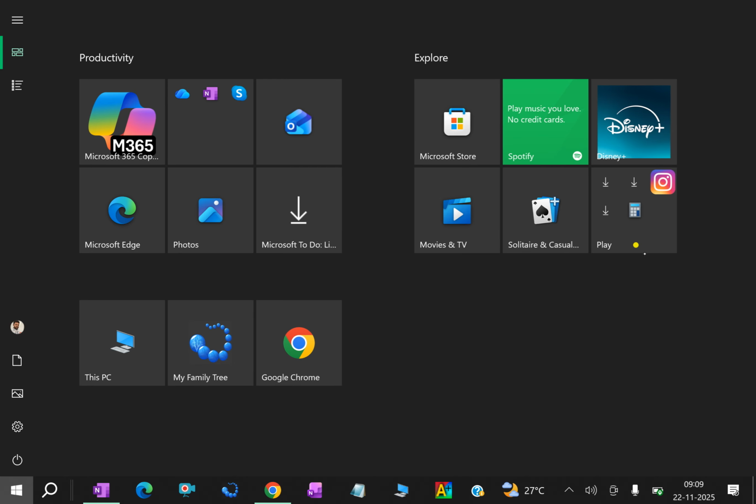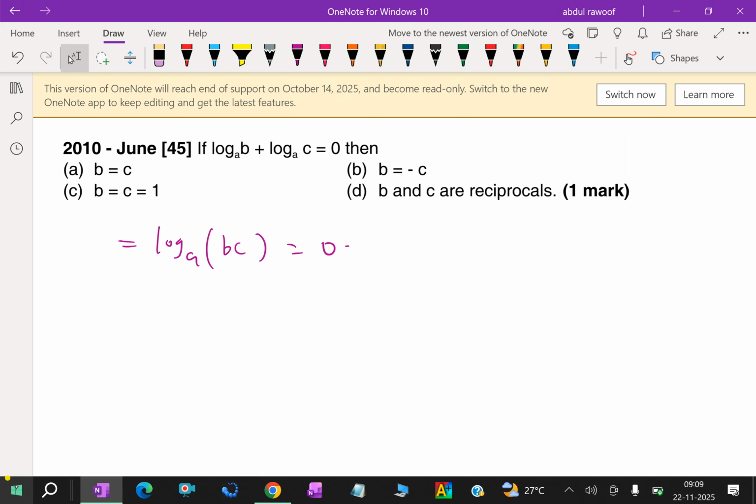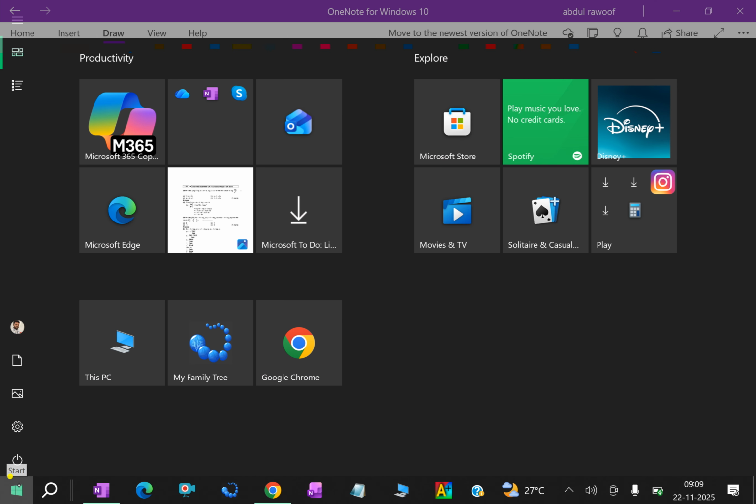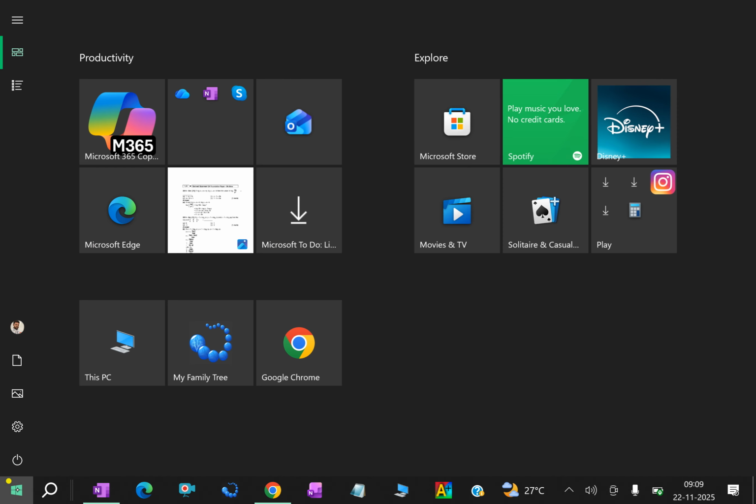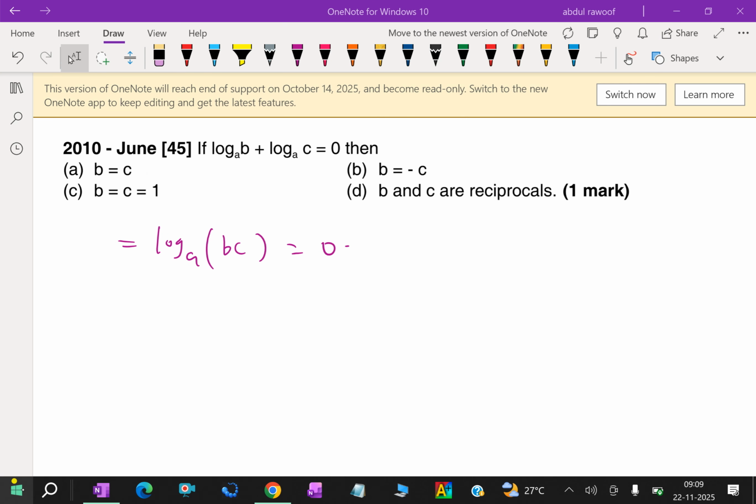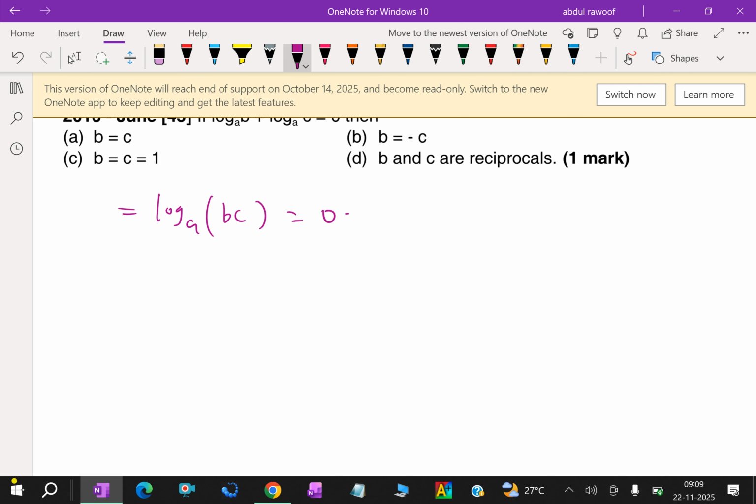Then look at this next one, which is a power 0 equals bc. Anything power 0 is 1, so 1 equals bc.